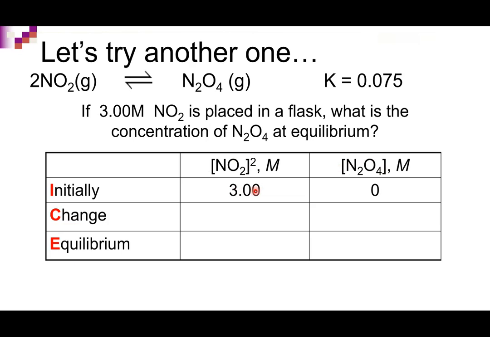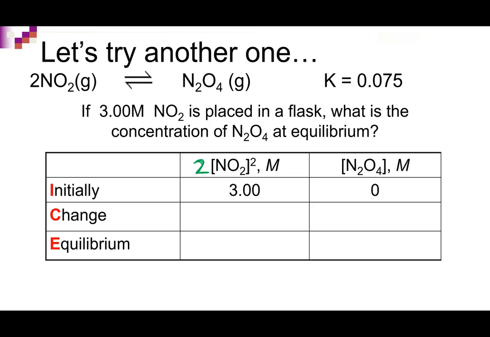Initially, our reactant is 3 molar and no mention of our product, so we're going to assume that's 0 molar. And they did it a slightly different way. In this problem, they remembered the coefficient by putting the squared up there. What I've been showing is putting it right here, maybe in a different color.